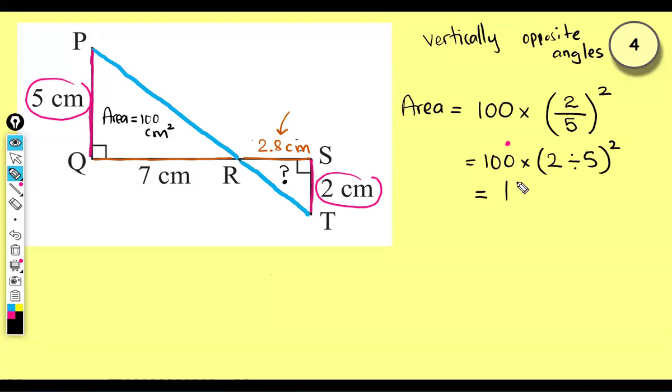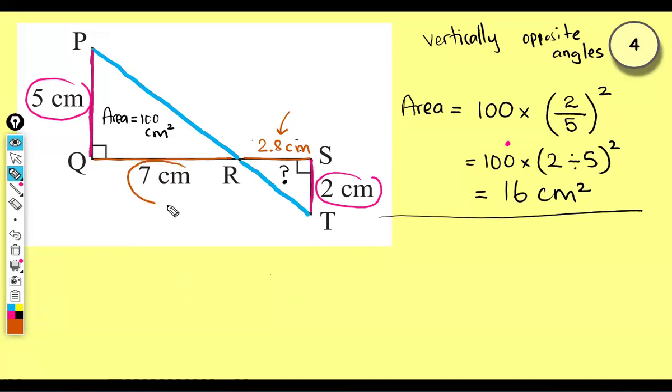I'm getting exactly 16 centimeters squared. Remember I said I was going to work it out 2 ways, so let's see if I get the same answer using the other one.